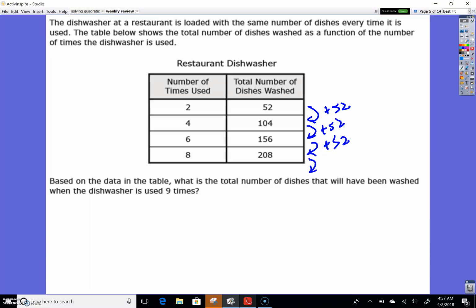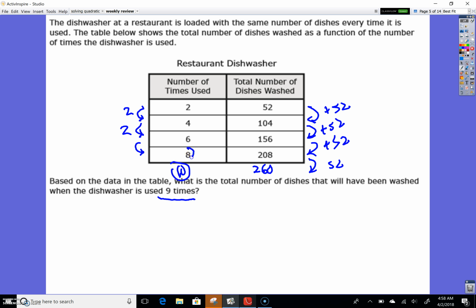But now we want to use when the dishwasher is used 9 times. So if you look at here, it's going up by 2. It's going up by 2. So if I add 52 again, it'll be 260. But I don't want 10.